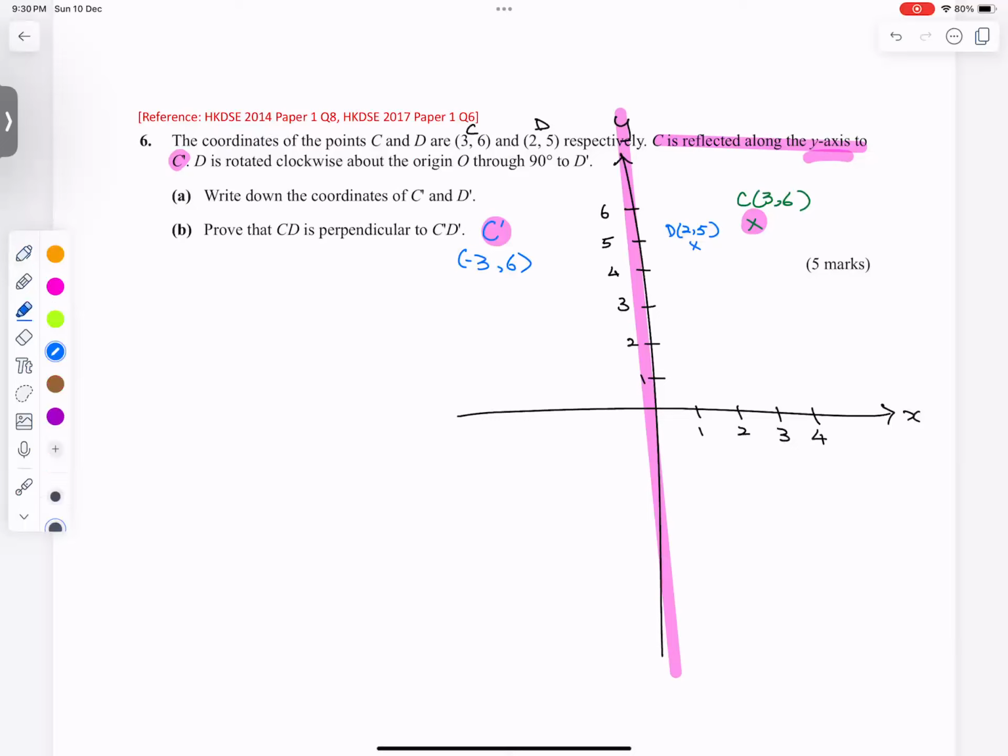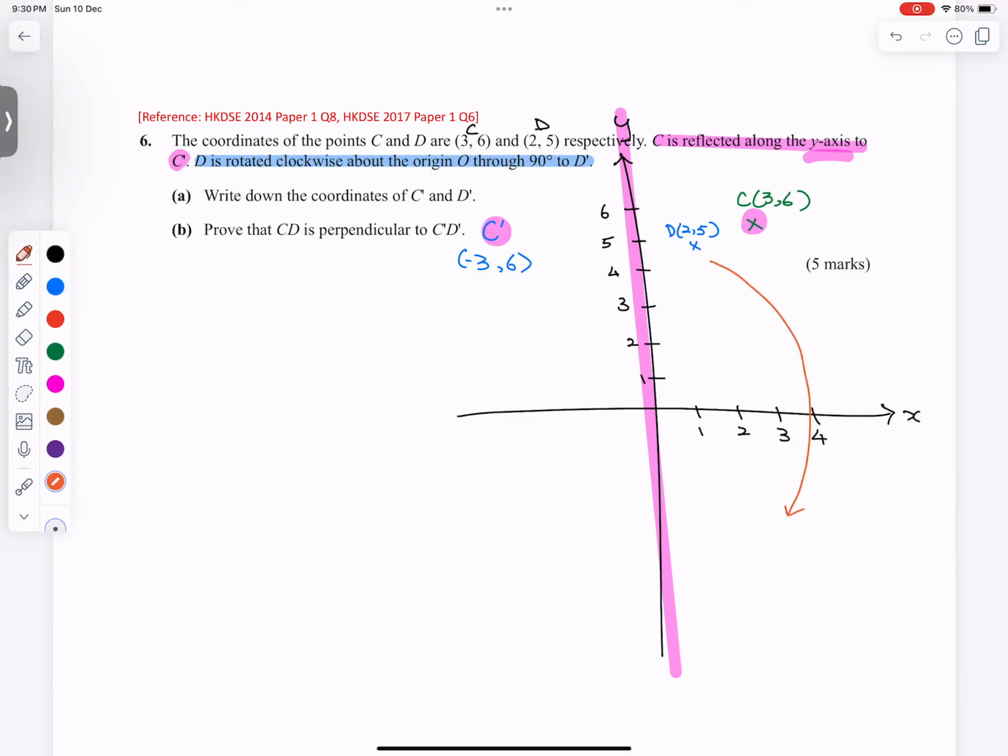And what happened to the D? How many boxes is it changing? It's just changing 1 box because just 90° there. It's originally here, clockwise. Okay, this time we are fine. Clockwise, just going down. How many boxes? Just 1 box.